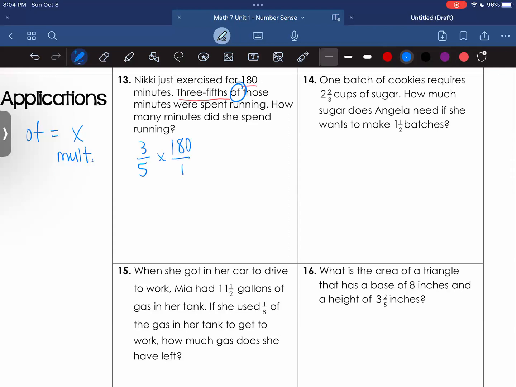Now that we set up the problem, you should be able to solve it. Don't forget to label your answer.